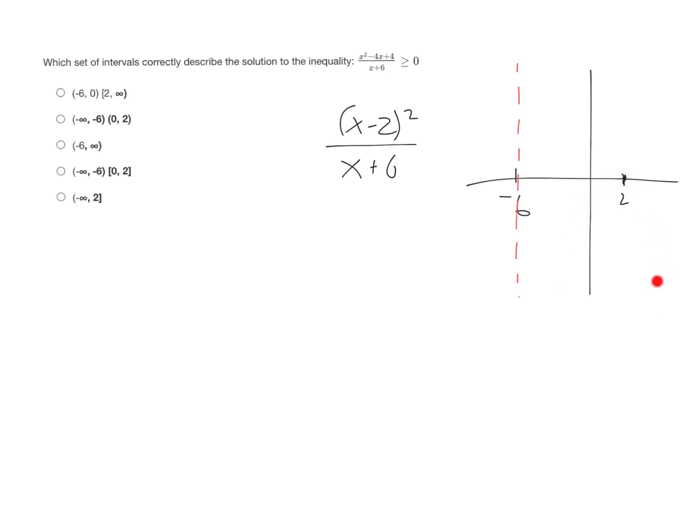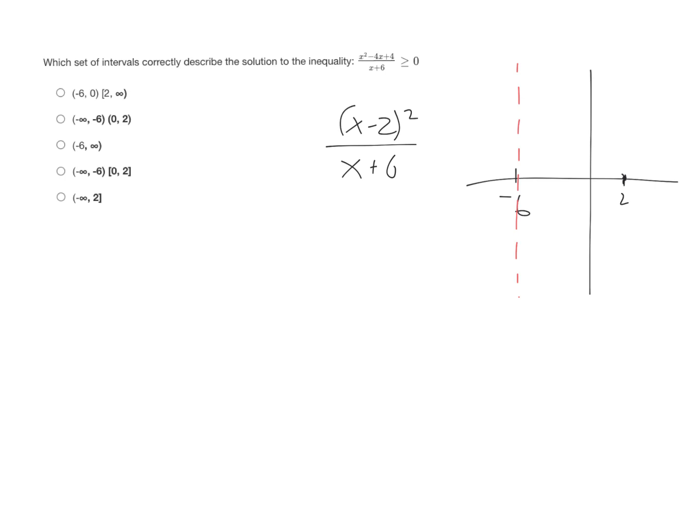So over on the right-hand side, we're either going to be always above the x-axis or always below, touching at just that one point. I need to figure out which one, and I could absolutely just test points on either side of this vertical asymptote and see what happens.